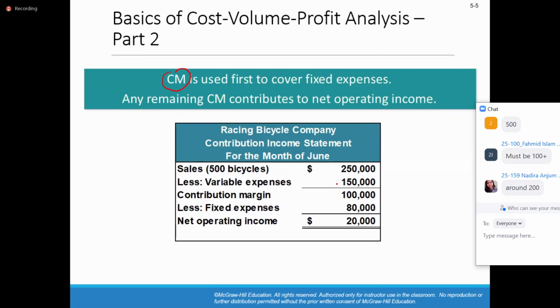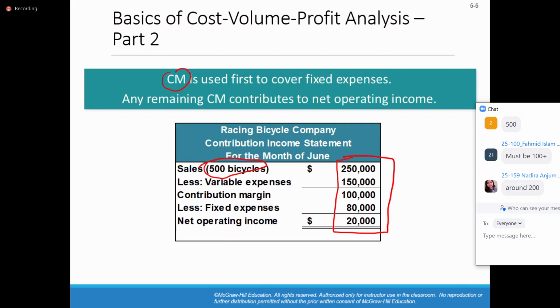Okay, so it is possible. Here we have expressed this number in total, I mean for a total of 500 bicycles. To make an analysis of CBP and express the relation of CBP, we can also use the unit basis sales price and unit basis variable expense to understand this relation.